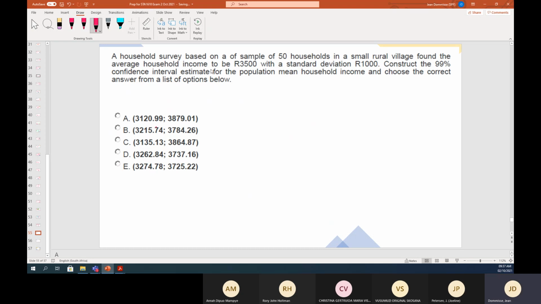Okay, household survey based on a sample of 50 households in a small rural village found that the average household income is 3,500 with a standard deviation of 1,000. Construct the 99 confidence interval estimate for the population mean household income and choose the correct answer from the list below.